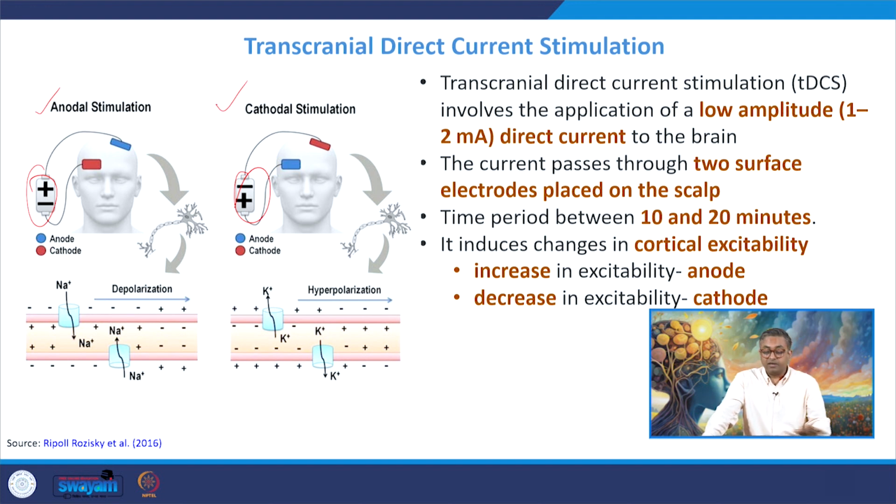So when the active site or the target site has a negative electrode, the positive electrode is on the frontal side. So the current will move from here to the negative side inside the scalp. The current is flowing from anode to cathode, but outside the scalp the current is flowing from cathode to anode.